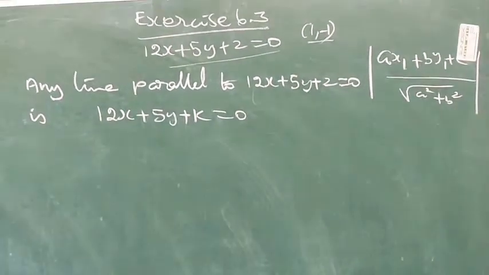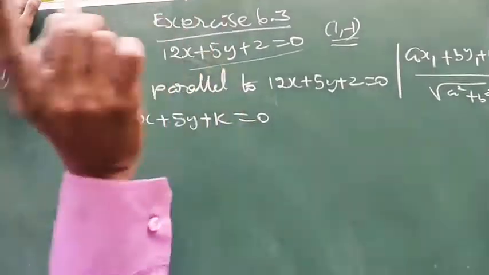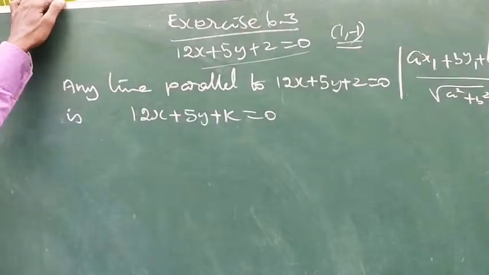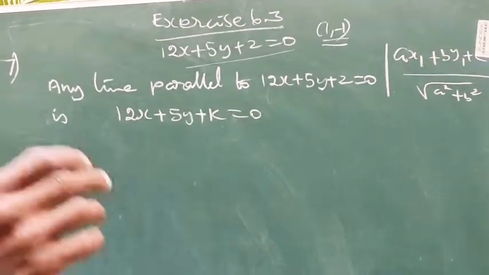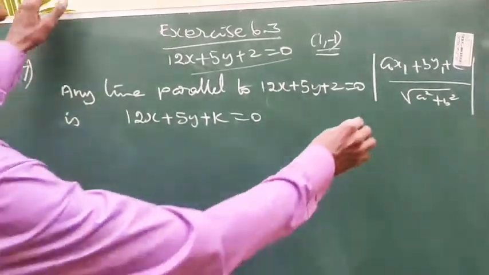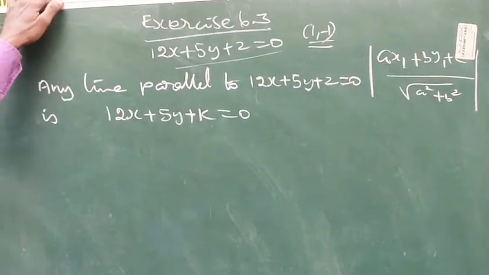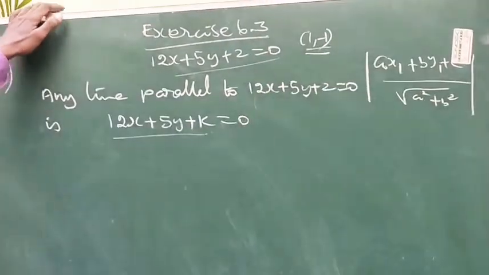The distance from this point to the straight line is given as 1. We already know the distance formula: if (x1, y1) is a point and ax1 plus by1 plus c equal to 0 is a straight line, then the distance is the modulus of ax1 plus by1 plus c, divided by the root of a squared plus b squared. Use this formula with this point.